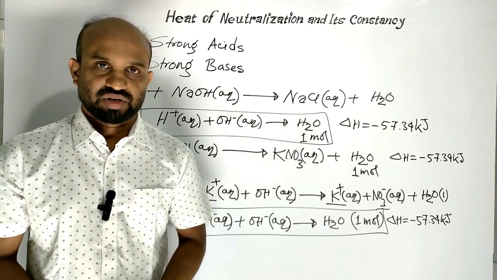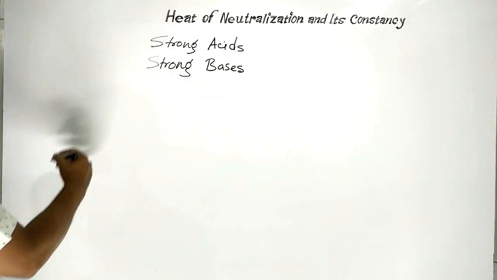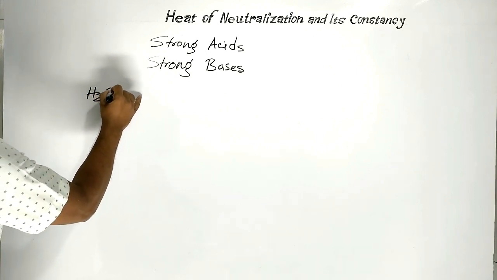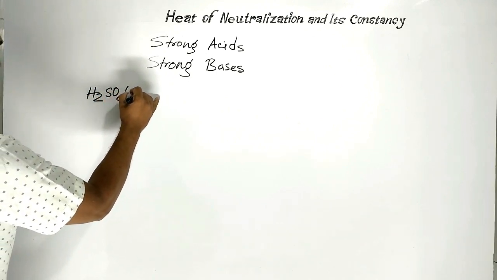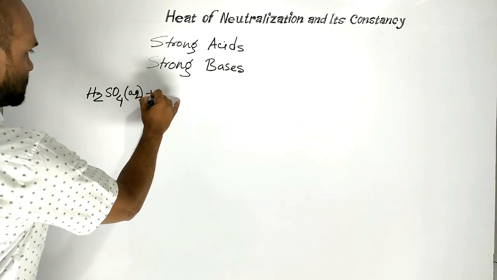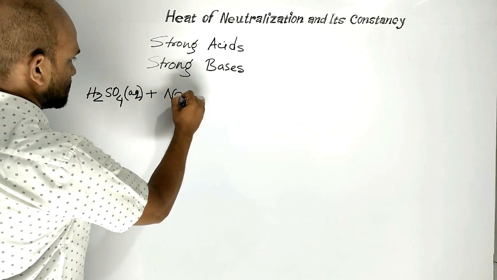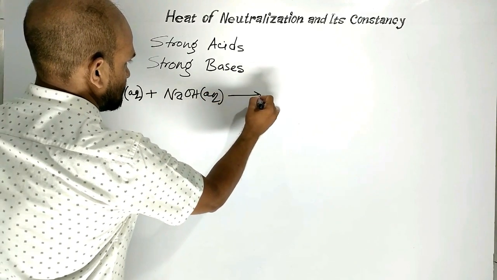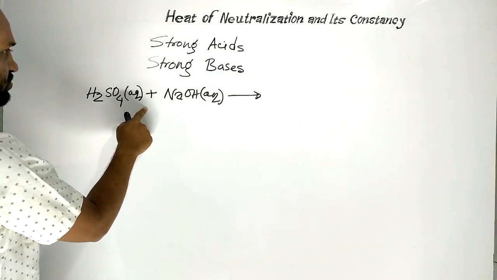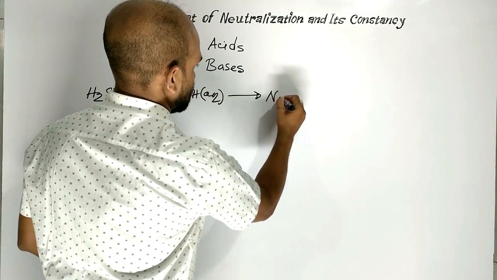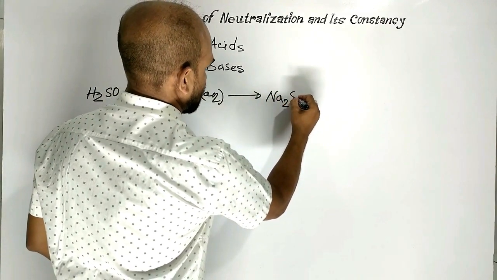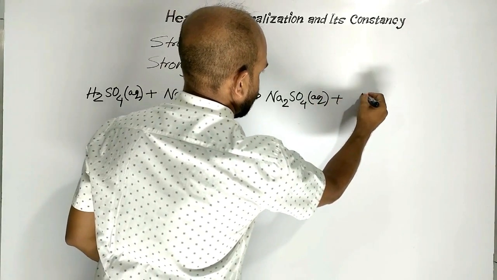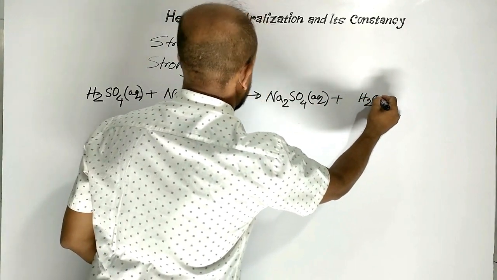Let us see another reaction. Now the strong acid is, suppose, sulfuric acid, and the strong base is, suppose, sodium hydroxide. This reaction forms the salt sodium sulfate and water.